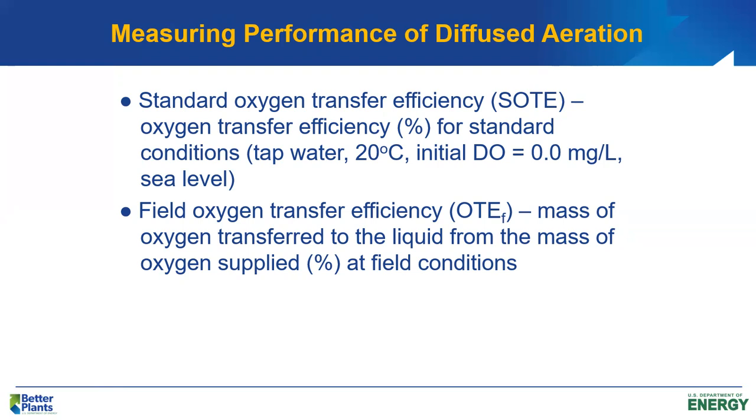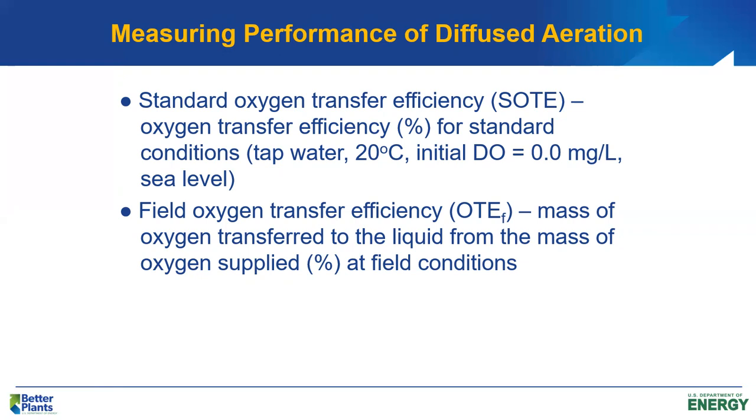But when we aerate, we have to design our system for field conditions. We're not treating tap water, we're treating wastewater. It's harder to get oxygen into wastewater than tap water. We're not always at 20 degrees C. We're typically trying to maintain a DO concentration of 1 to 2 milligrams per liter in the mixed liquor. And we're not always at sea level. So we have to calculate what the transfer efficiency will be at field conditions.